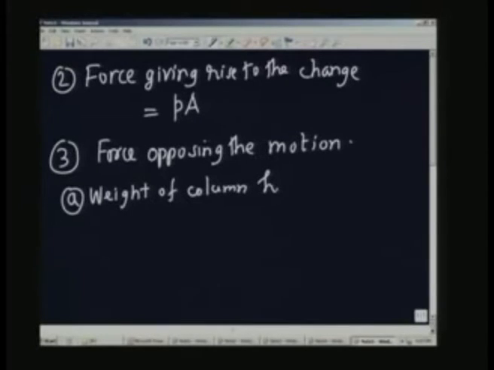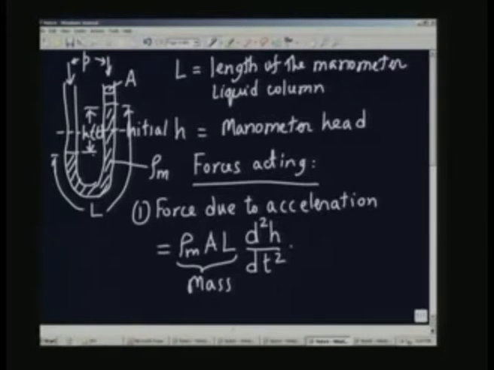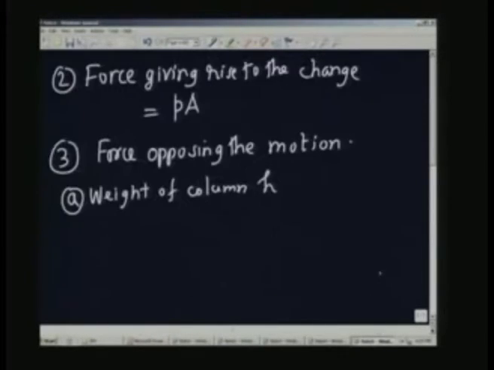You can see here that this height of the column is applying a force in this direction, and h is trying to go up, whereas this is going to come in the lower direction, and therefore there is a resistance to motion because of the weight of the column h.